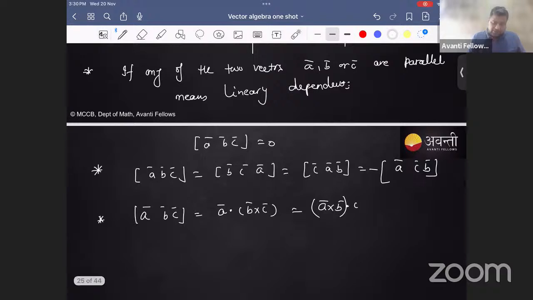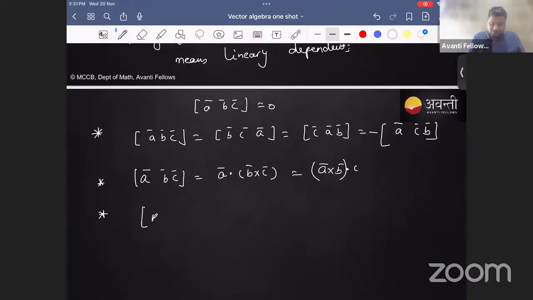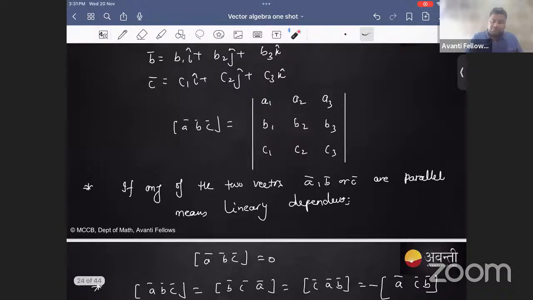All right. Next, say you have K vector A, mu vector B, lambda vector C. In the determinant, the first row is multiplied by K, the second by mu, and the third by lambda, so you can take those common outside.